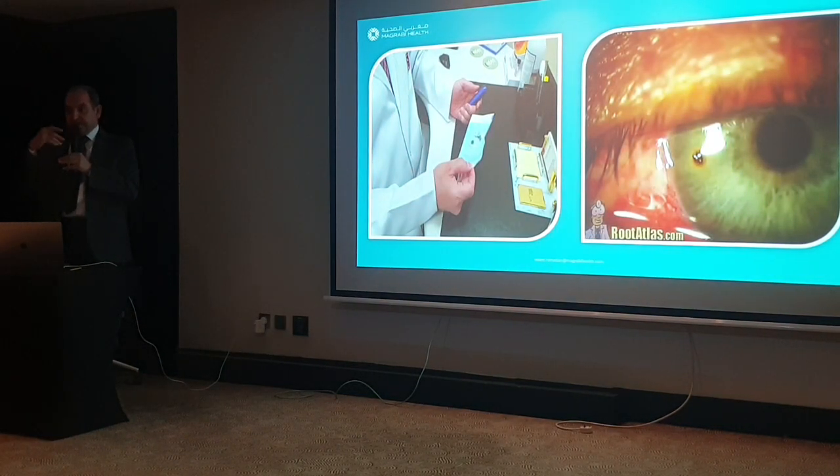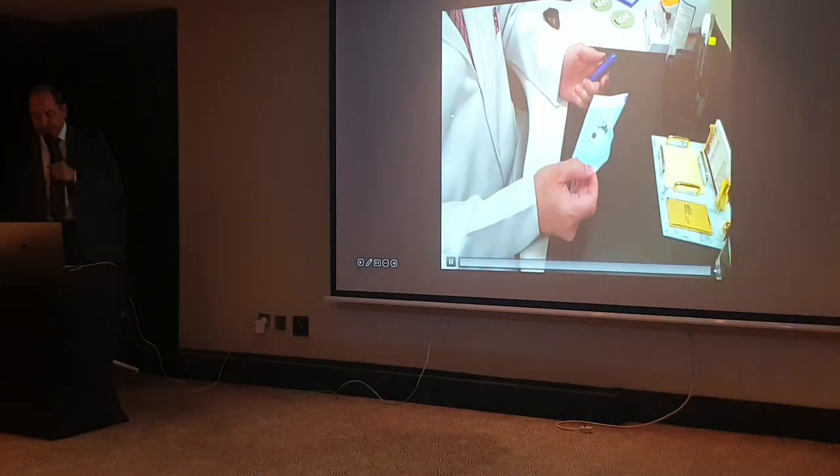The other thing, I talked about it in the last presentation, is the algae brush. This is for any polyclinic that has corneal foreign bodies. So this is the algae brush.